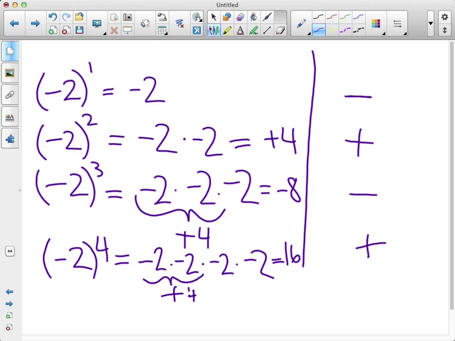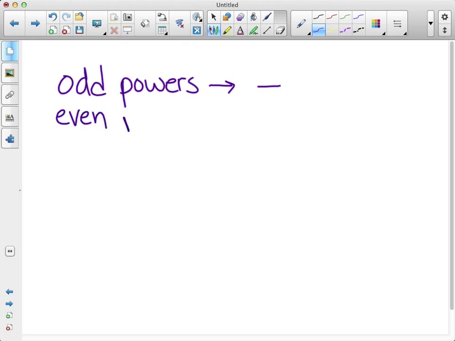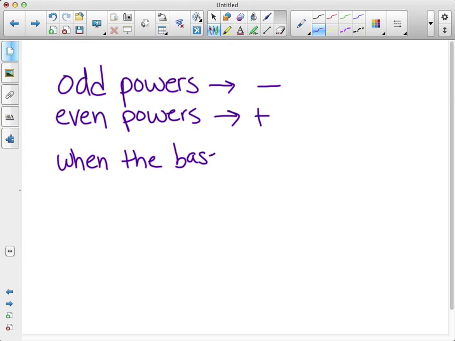So in general, odd powers yield a negative result, and even powers yield a positive result when the base is a negative number.